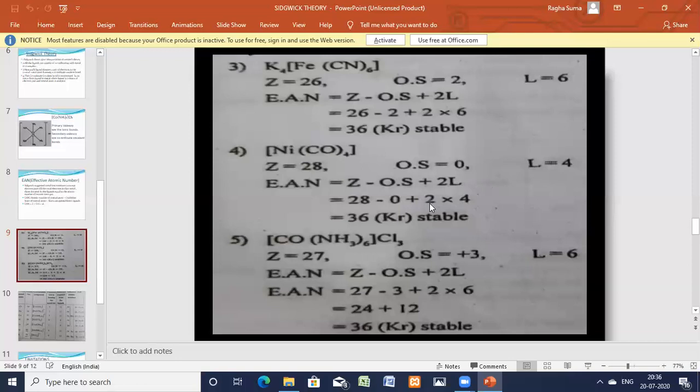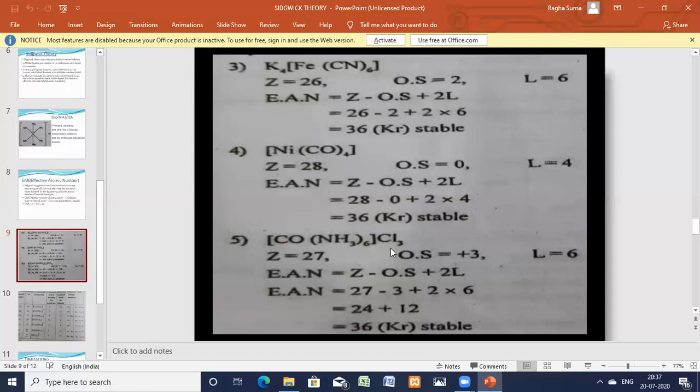So 28 minus 0 is 28, plus 2 into 4, which is 8, gives 36. 36 is the atomic number of krypton, the nearest inert gas.